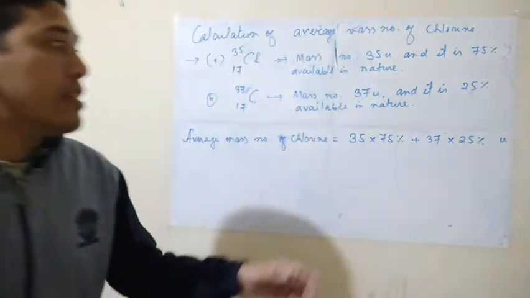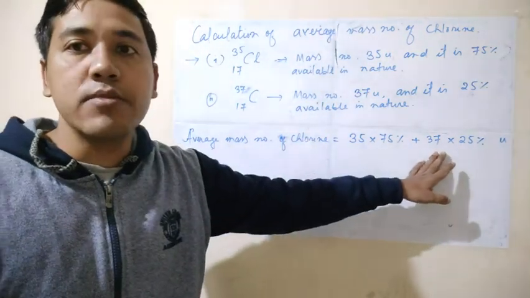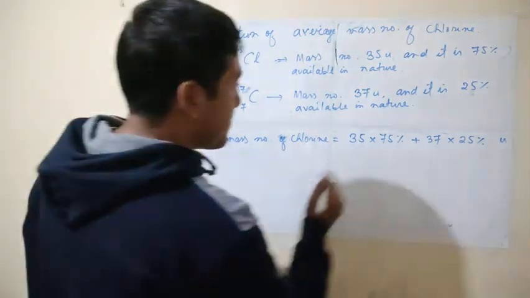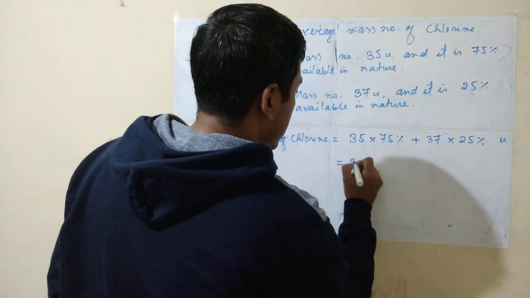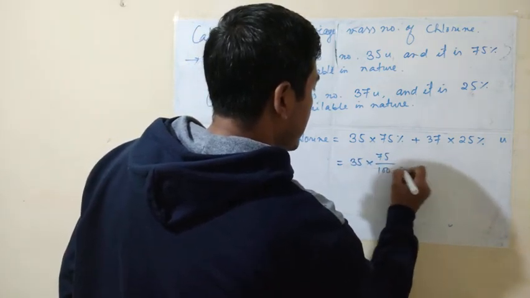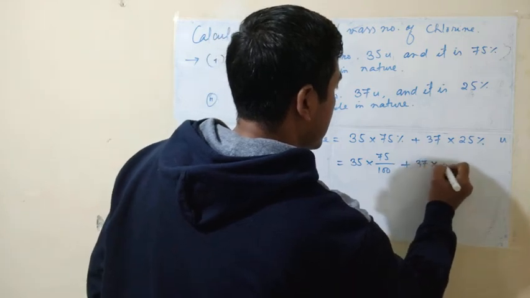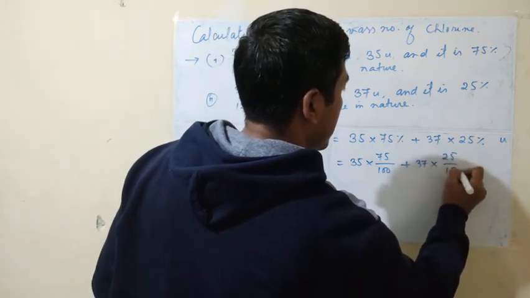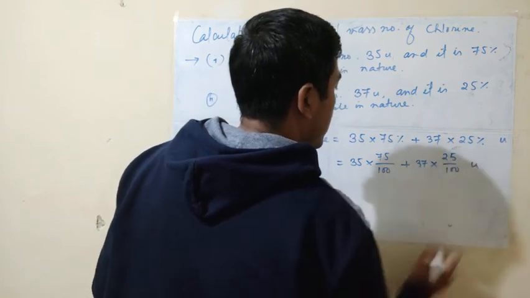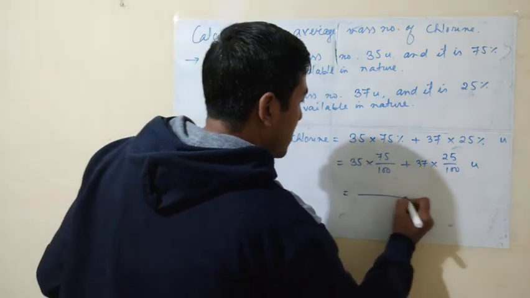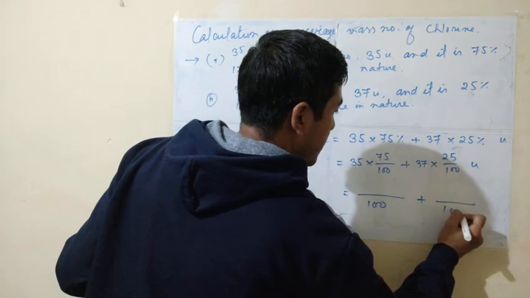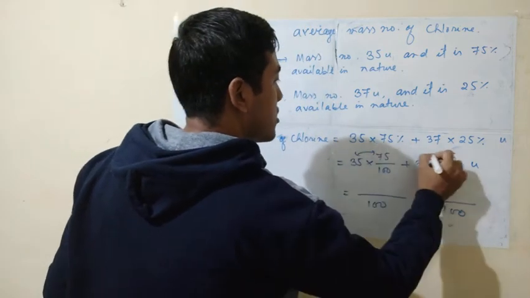This means 35 into 75 by 100 plus 37 into 25 by 100 unit. First you multiply these two, and these two.